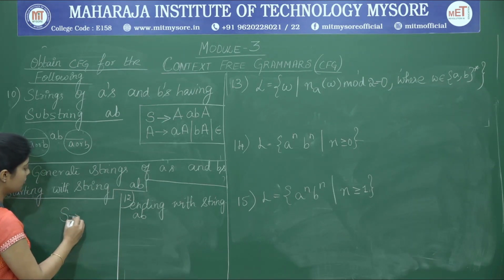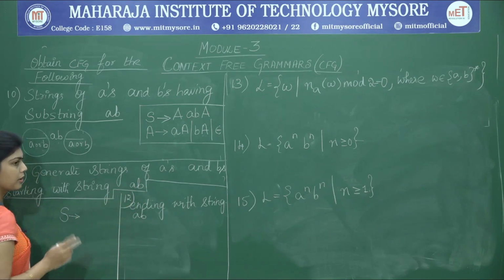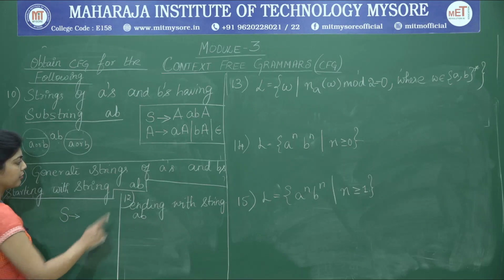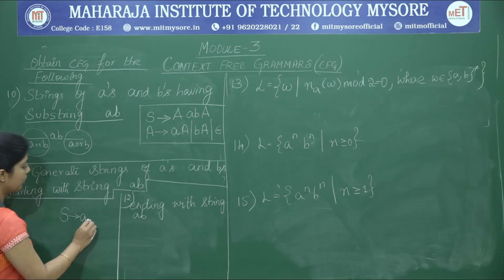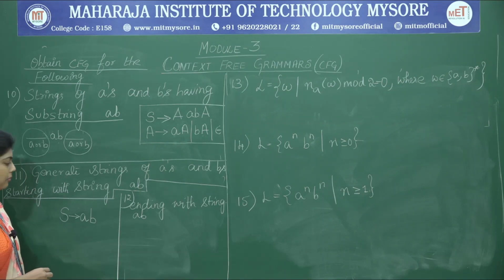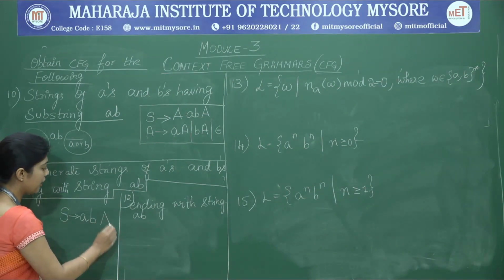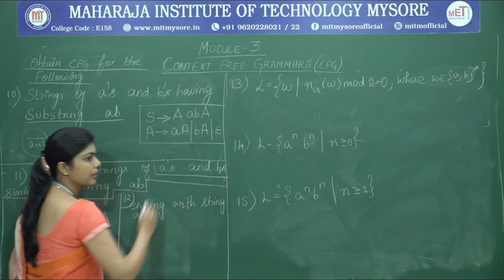So S goes to, what should it start with? It should start with a particular symbol. So that particular symbol, first symbol is A and second symbol is B. So in the beginning itself, the first symbol has to be A and then it has to be B in the second symbol. What comes after that may be any number of A's and B's.